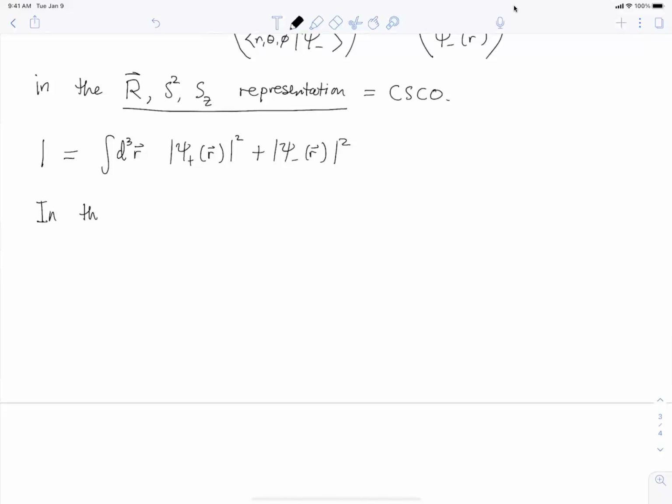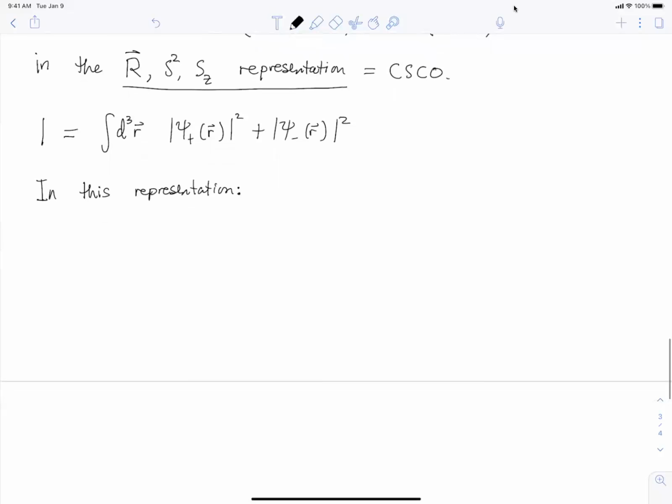In this representation, we just go back and look at how we did that in the past, and then we do it for each component of the spin. So for example, if you look back at how the L_z operator, the z component of orbital angular momentum, was represented, it was minus i h bar times the derivative with respect to phi.